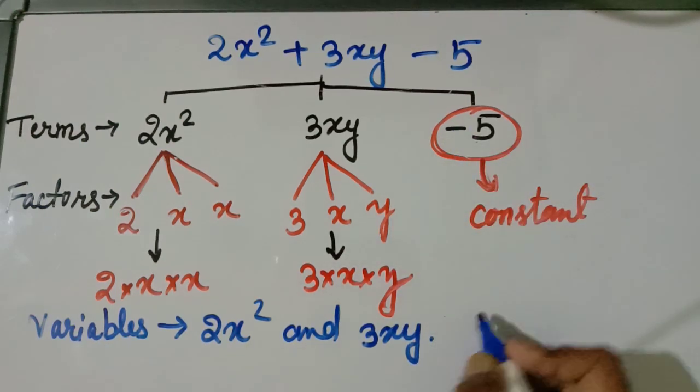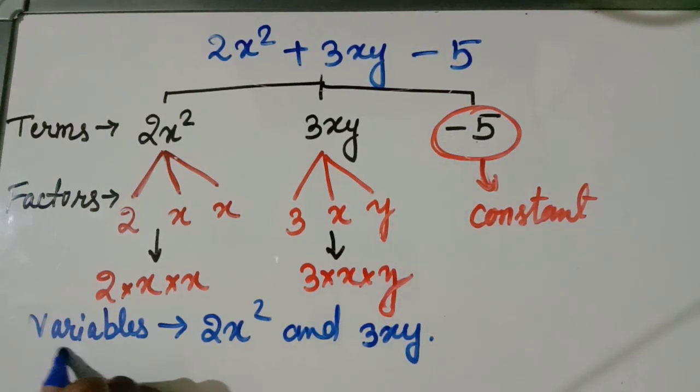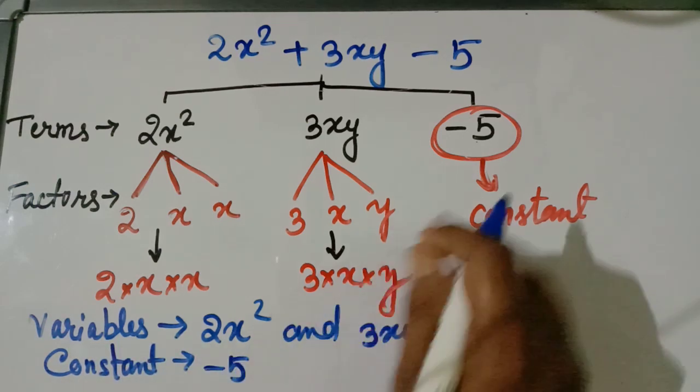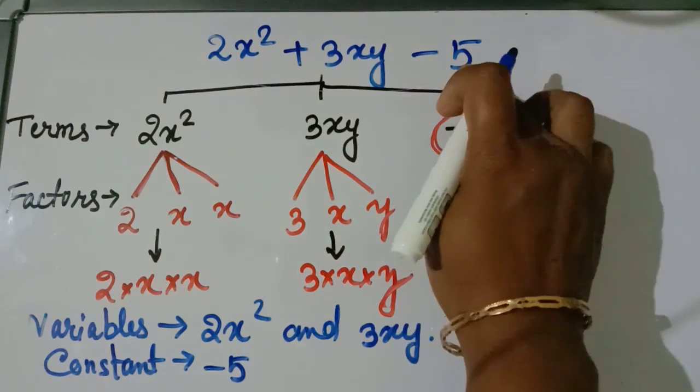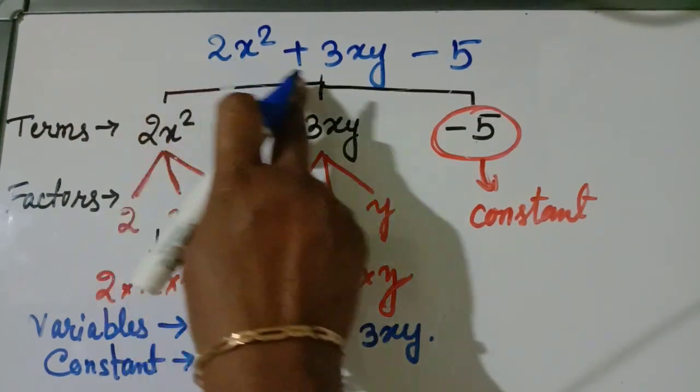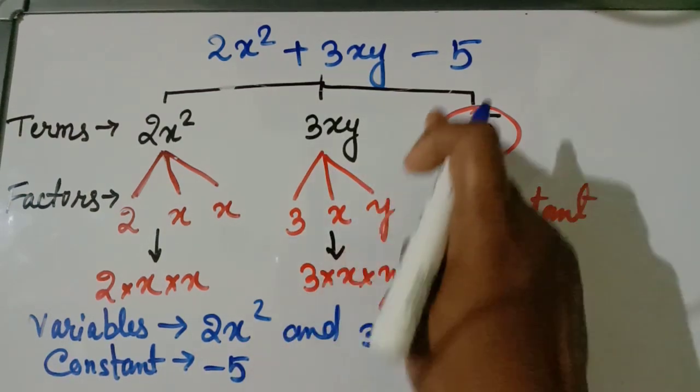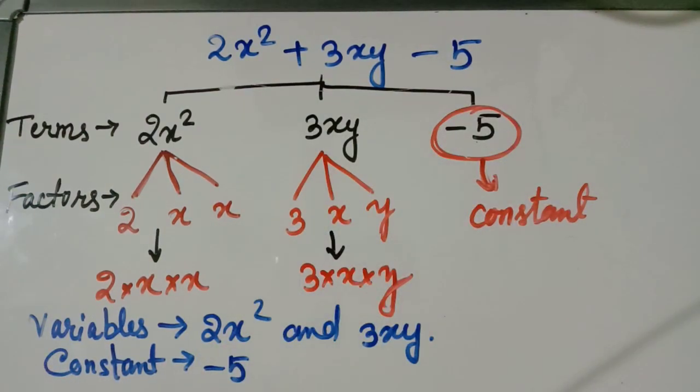Where is the constant? Now you have to write the constant. So constant equals -5. This one is the constant. 2x square and 3xy are called variables, and minus 5 is called constant.